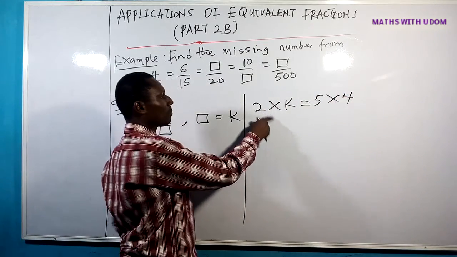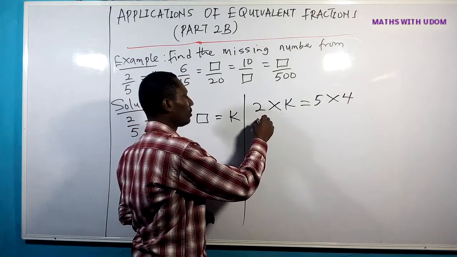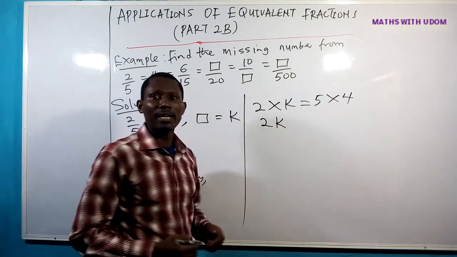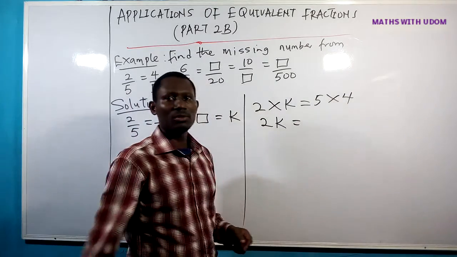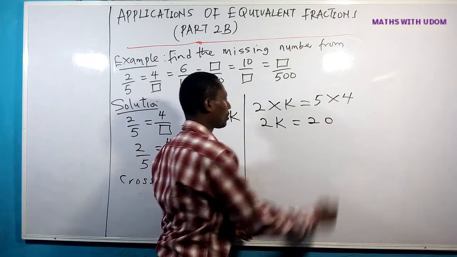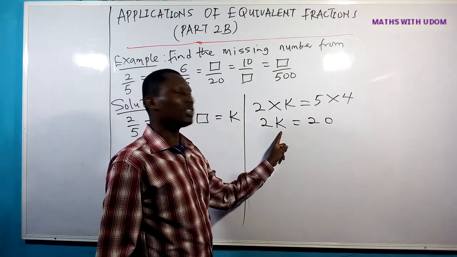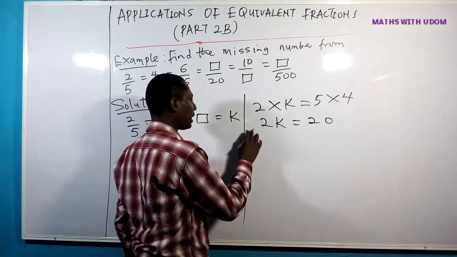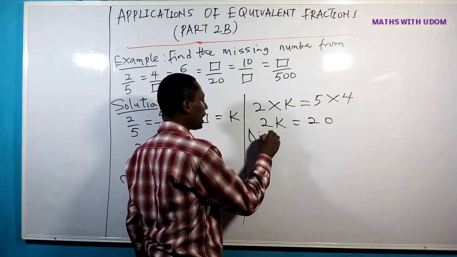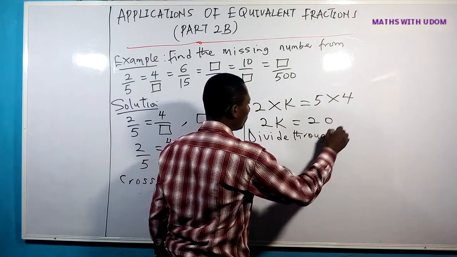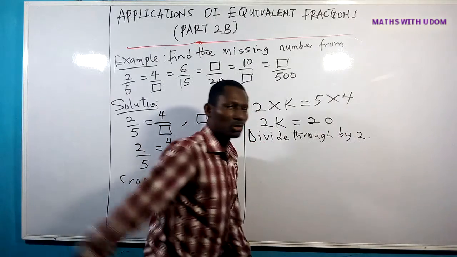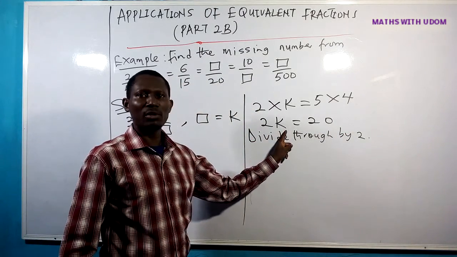So 2 multiplied by K will give me 2K, right? Good. Then 5 times 4 is 20. So I will divide through by the coefficient of the unknown K. So I will divide through by 2. 2 is the coefficient of the unknown K here.